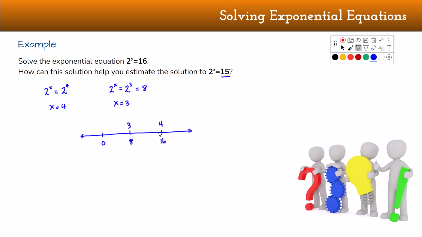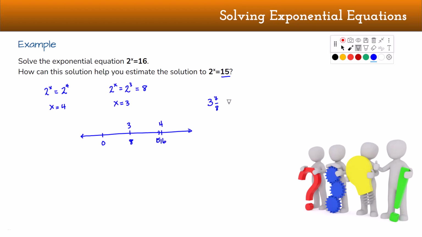Well, 15 is much closer to 16 than to 8. It's approximately right there, because this can be split up into 8 pieces. We can say that the value for 2^x = 15 is approximately 3 and 7/8. We can do it that way.